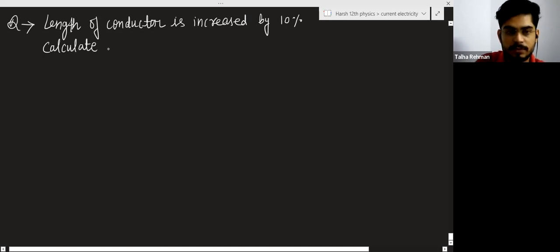Calculate the percentage change in resistance and resistivity.